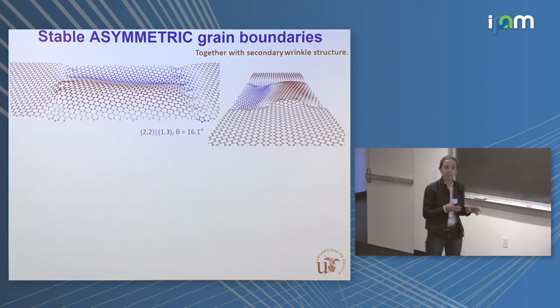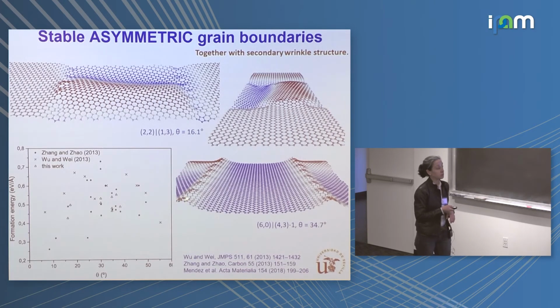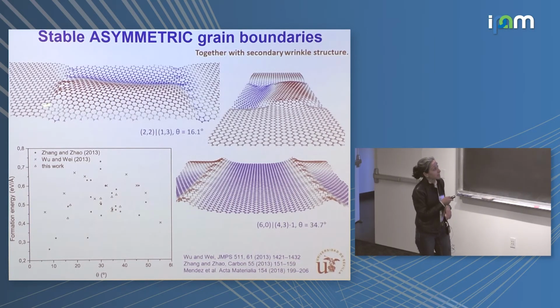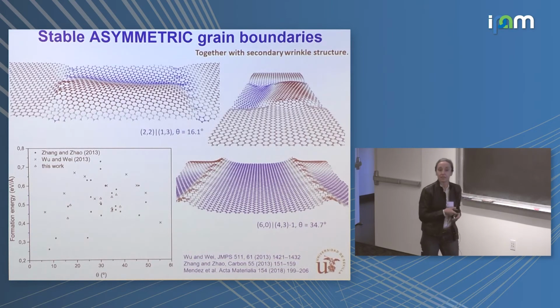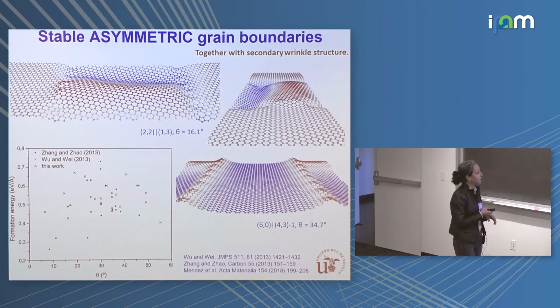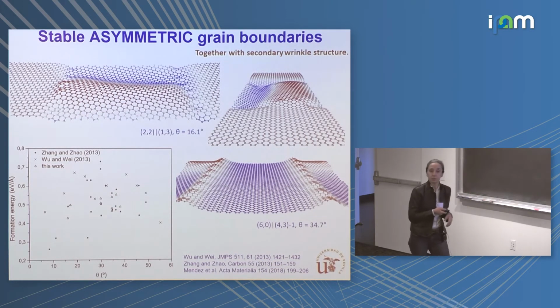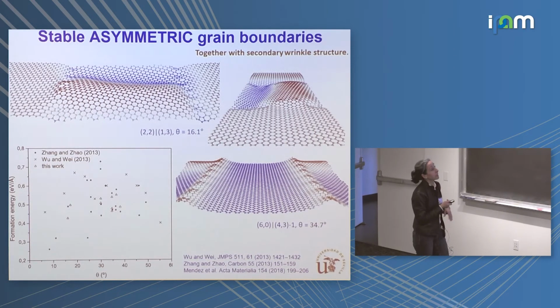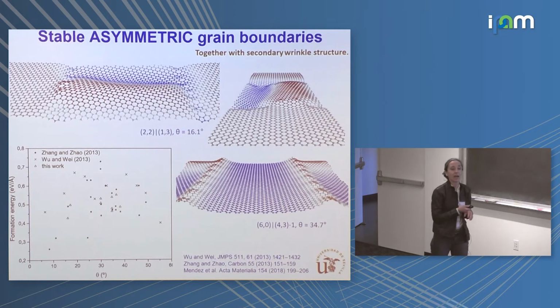It doesn't appear in every configuration, but in some of them. In other cases, what you observe is these out-of-plane displacements. So they are quite different in appearance at first sight, but we will see in a moment the effect that these out-of-plane displacements have on the electronic properties.